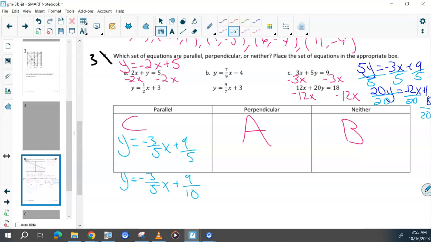So we can see that the slopes are the same, so those are indeed parallel. You also, if you were using Desmos, could have put these two in to see, do they intersect, do they not intersect, do they intersect to make a 90-degree angle, and count the slopes. Questions on that?